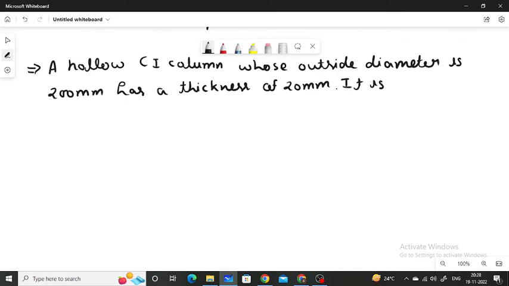It is 4 meter long and fixed at both ends.